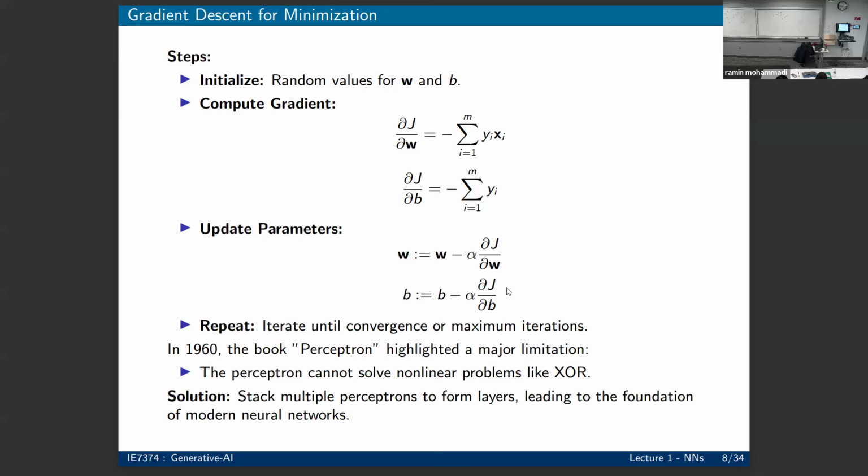And this becomes the gradient with respect to W, the gradient with respect to B. We know the gradient with respect to B is a scalar. The gradient with respect to W is going to be a vector of the same dimension as W. So if W has D columns, your gradient will also be a vector of size D. And you use gradient descent, which is your parameter update: your previous estimate minus learning rate times the gradient, right? And that's how the learning happens.